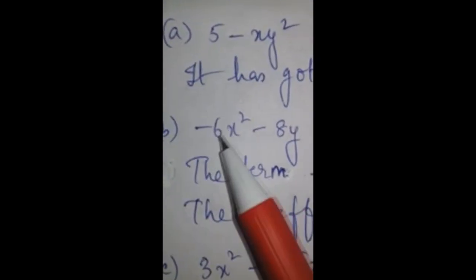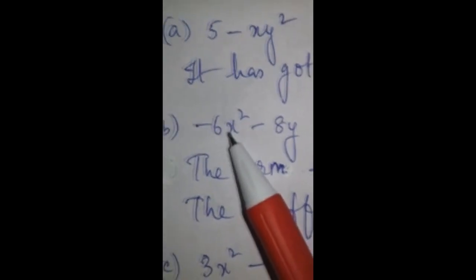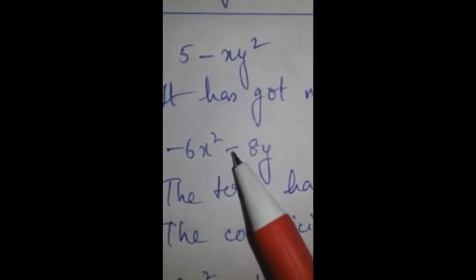In part B, the given algebraic expression is minus 6x square minus 8y. So what is the term associated with x square? This minus 6x square. Along with the sign you will have to mention it, as I said. So minus 6x square is the term having x square. And what is the coefficient of x square?